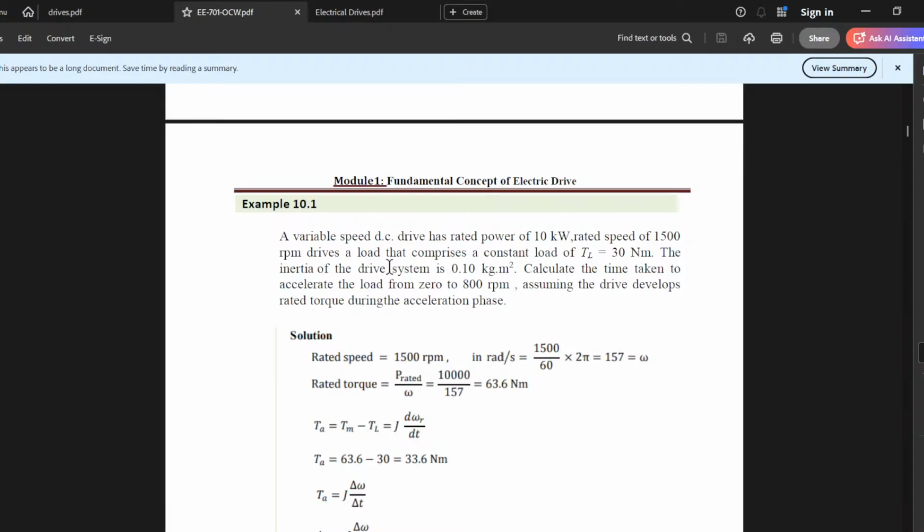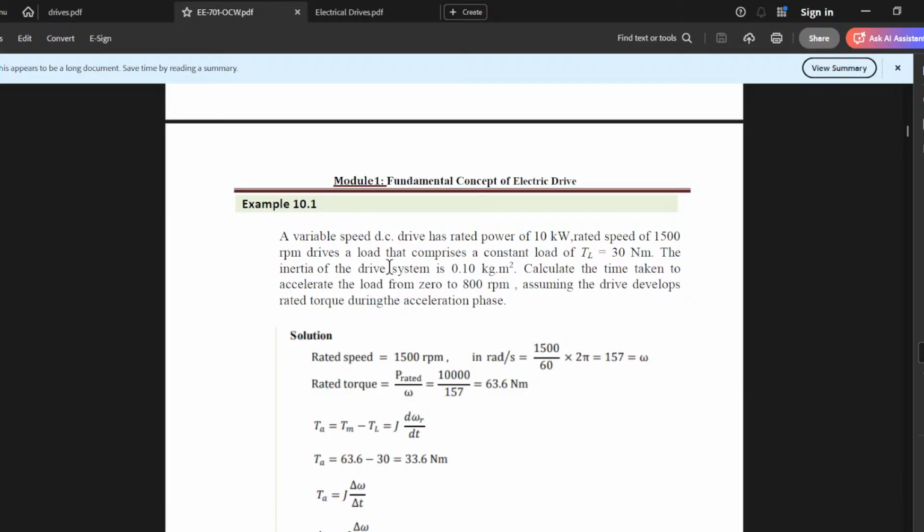Okay, this is a numerical question. The variable speed DC drive has a rated power of 10 kilowatt. Omega R is equal to 1500 RPM.